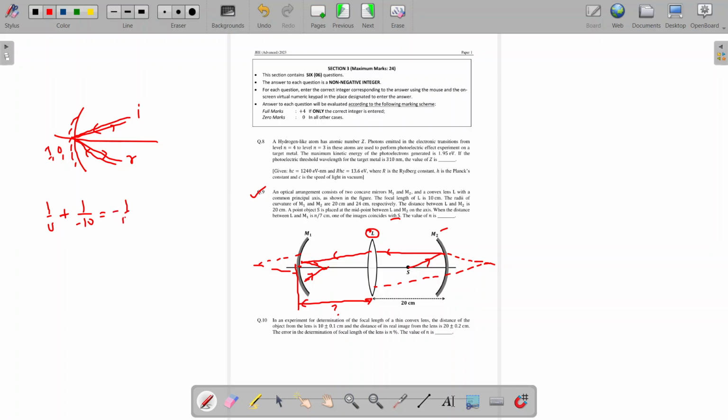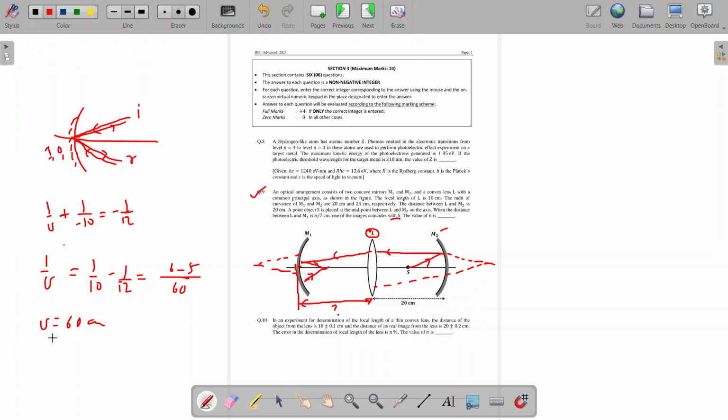So it would be -12 as it is a concave mirror. So we can say 1 upon v is equal to 1 upon 10 minus 1 upon 12. So 6 minus 5. So the image is formed at 60 centimeter from the mirror.